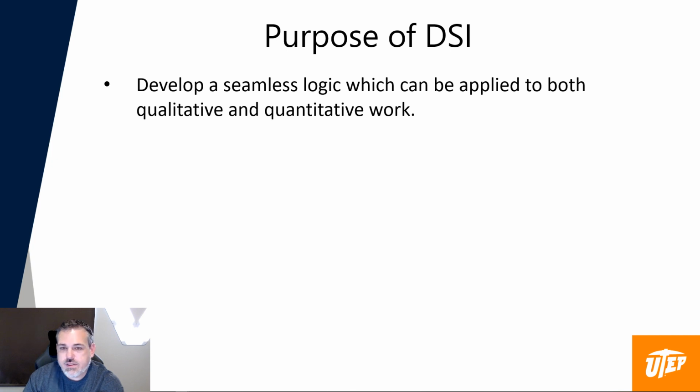So the goal of this book is to come up with a general theory, a general practice by which both quantitative and qualitative work can be conducted. And that logic is to follow the scientific method in a very systematic fashion, so that both qualitative and quantitative work meet the standards of what rigorous science looks like.